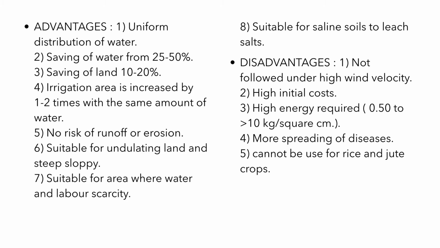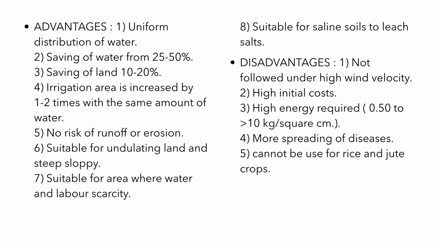The fifth point is no risk of runoff or erosion, as this system is manually controlled and the water is provided in the form of droplets, so there is no risk of runoff or erosion. The sixth point is suitable for undulating land and steep slopes. It is suitable for non-uniform land, where the land is not level.